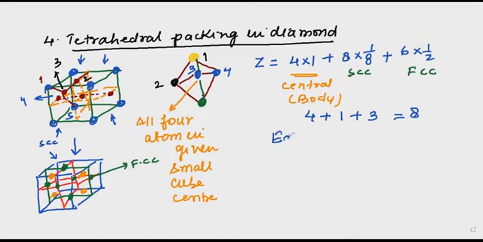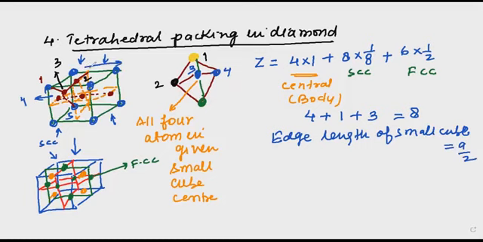Now after that we are coming to the edge length of a small cube. This is already half of the original one, means A by 2. So original is A, so this is A by 2 for the small cube. Clear?